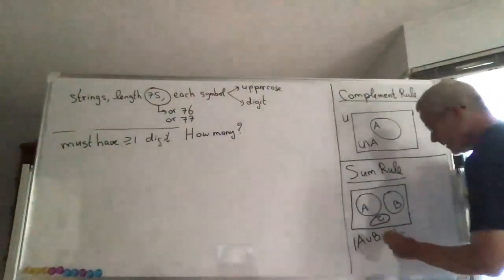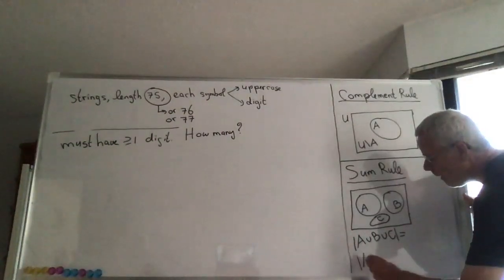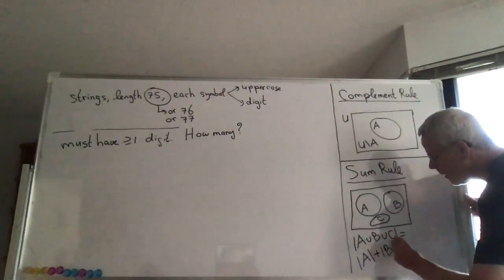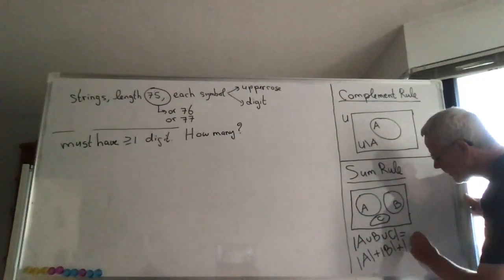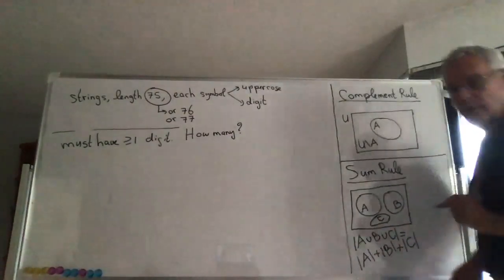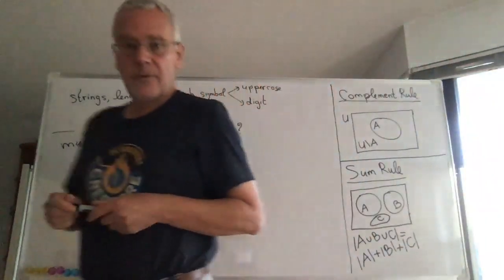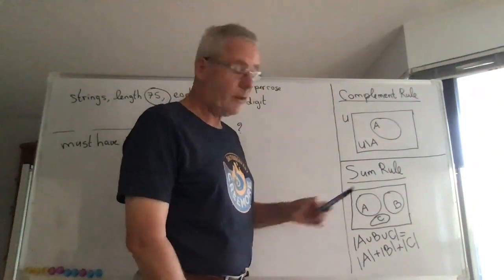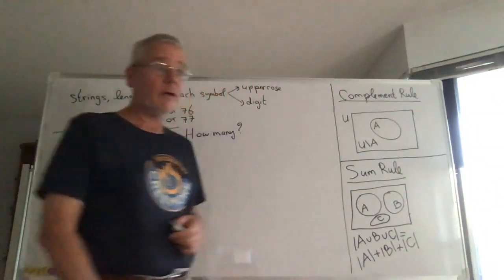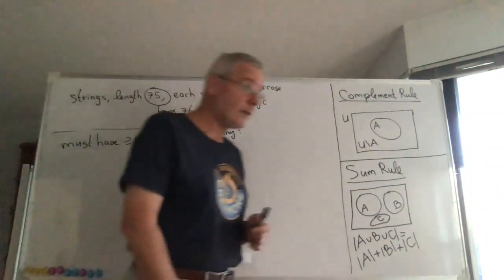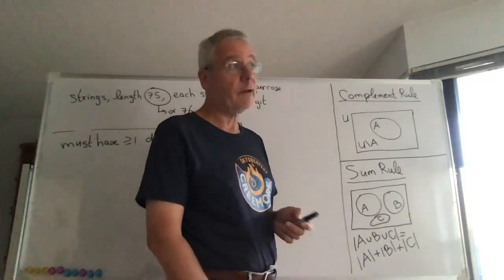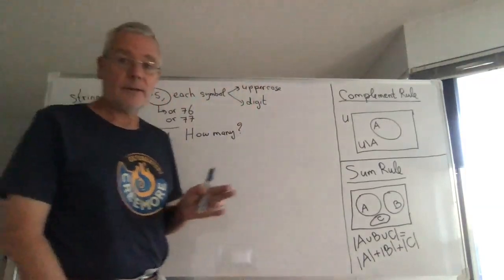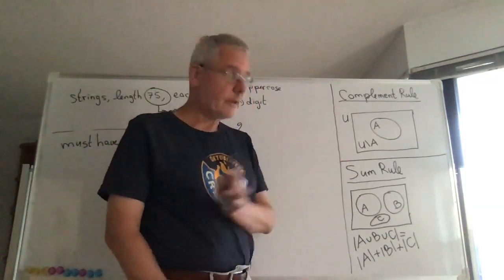So this is the size of A plus the size of B plus the size of C. Okay, so this is a sum rule for three sets. And of course, if we have four sets or if you have 100 sets that are pairwise disjoint, then the size of the union is the sum of the sizes.